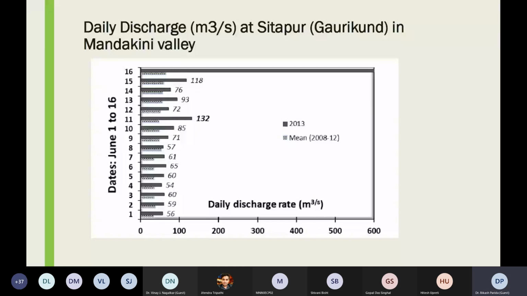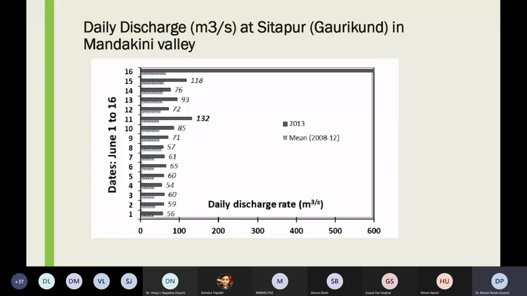This is your daily discharge data. This is one of the stations, Sitapur, Gauri, located in Gaurikund. I simply compared the mean of the discharge data over 2008 to 2012, almost 5 years. What is the mean over 5 years, and then with respect to 2013, what happened? So we find that on most of the days they are not greatly different, but on a few days, like 11th of June, there is a clear-cut difference.